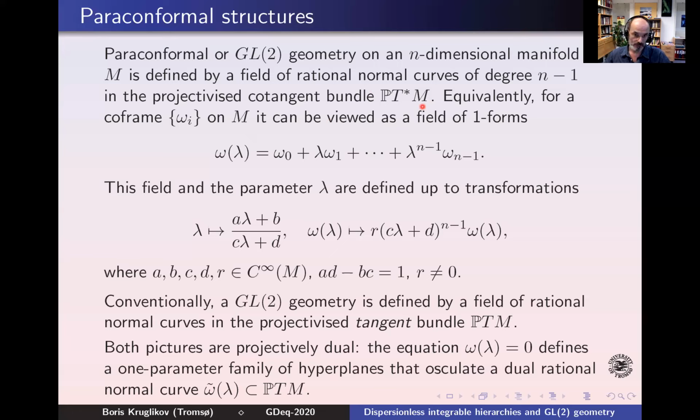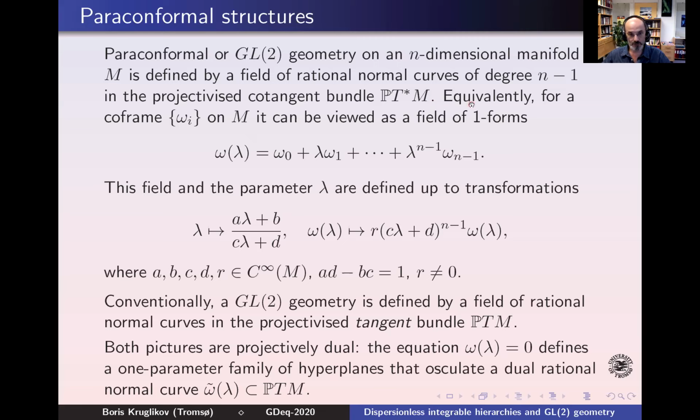So that will be projective space of dimension n-1, and the curve will be of degree n-1. And that's kind of a generic algebraic curve here. It means that in some coordinates this curve is given by the formula lambda goes to 1, lambda squared, and so forth in the projective space.